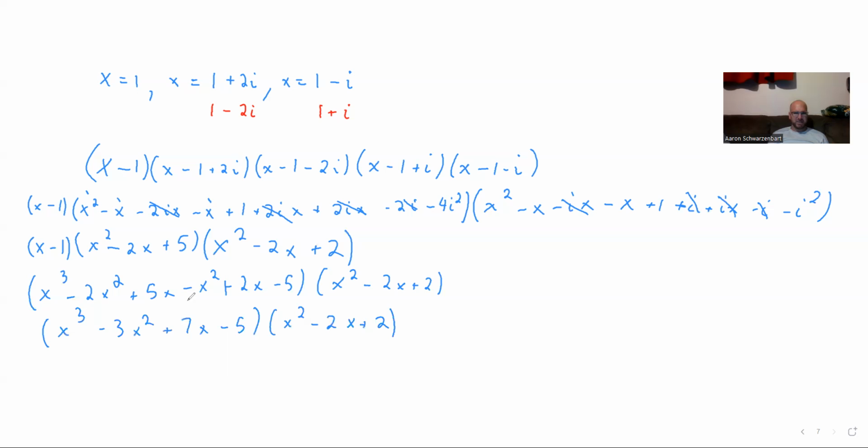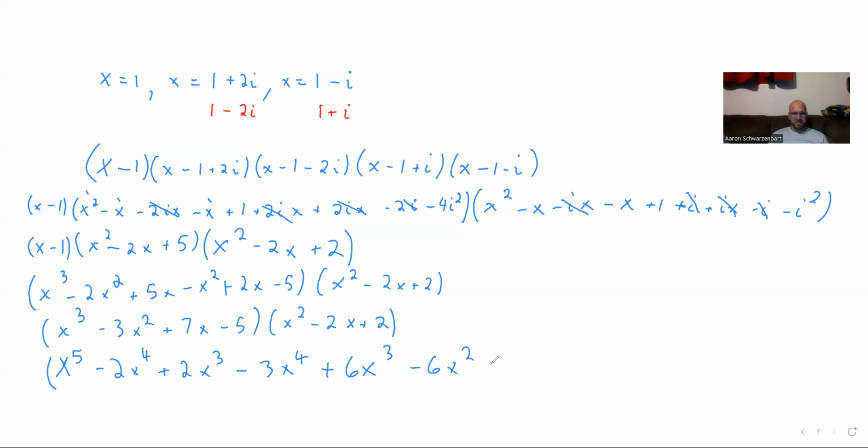Now I'm going to multiply x cubed times all three. Minus 2x to the fourth plus 2x cubed. Now negative 3x squared times all three in the second parentheses. That's negative 3x to the fourth. My plus 6x cubed minus 6x squared.